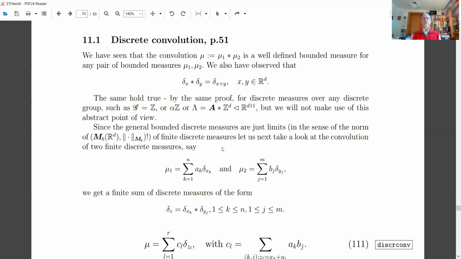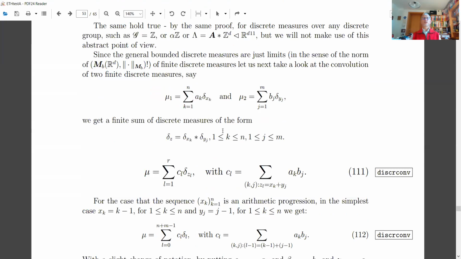So I was writing here in the middle of the page, if you give me two such measures, that means you're picking finitely many points, x1, x2 up to xn, finitely many corresponding complex coefficients a_k, and the same thing with a set y_j, going from 1 to m, with coefficients b_j.